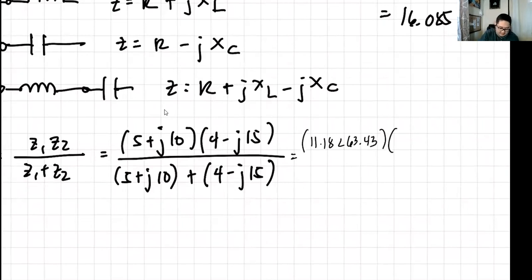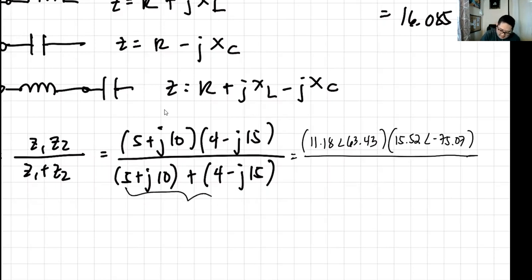So, yan na din yung kanina, no? 4 minus 15i to polar form, that is 15.52 angle of negative 75.07. Okay? Then ito, i-diretso, i-add ko na. Tapos i-change ko na sa polar form. Plus 4 minus 15i. Then, magiging 9 minus 15i to. 9 minus 5i.